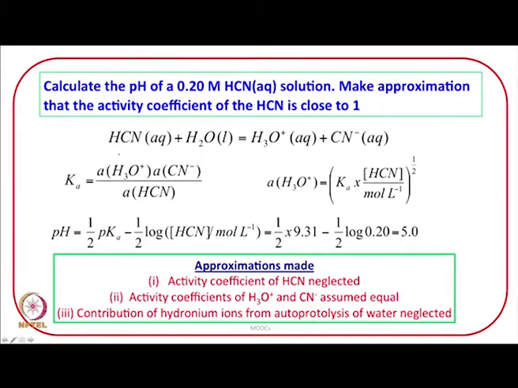So it is important to recognize that in doing these types of calculations, we have made some assumptions, especially when we equate activities with concentration, like taking the activity of HCN as the concentration, which we did because the statement asked us to use the approximation that the activity coefficient of HCN is close to 1.